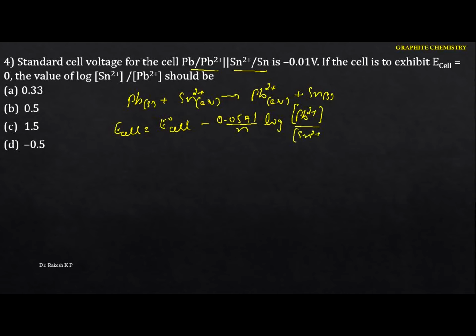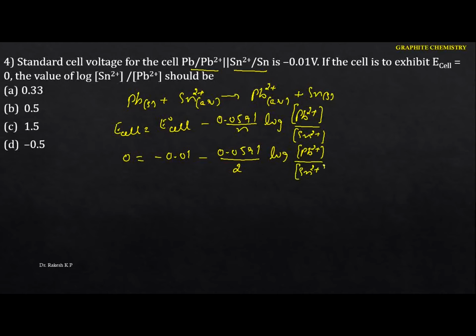Now the E cell value should be 0. So I write E cell equal to 0, E naught cell is minus 0.01, minus 0.0591 divided by n, where the n value, the change in electrons, is 2, into log of the concentration of the lead ion to the concentration of the tin ion.